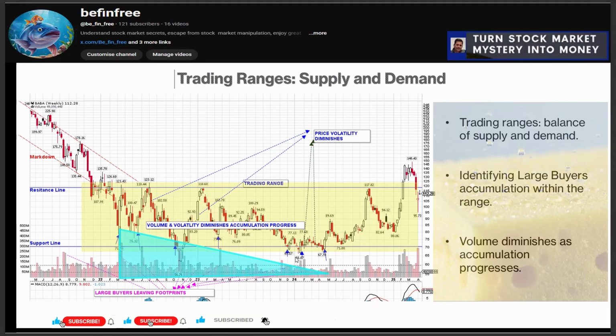To do the testing, the big investors create market manipulation in this particular area. How they do it is, you have the support line. They force the price to go below the support line.